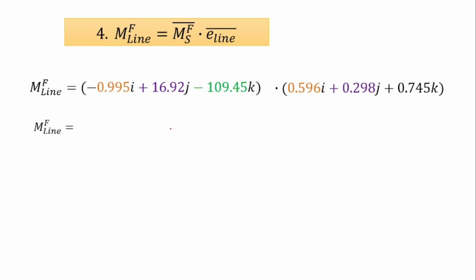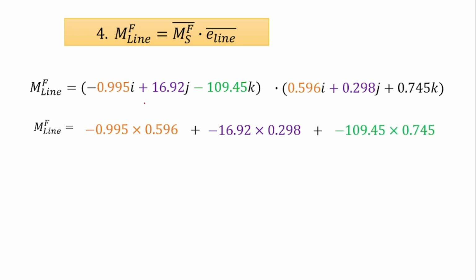So here we get the dot product. You can use the calculator to find out the dot product, or you can multiply the terms related to the i, 0.995 into 0.596 plus the terms related to j get multiplied, that is 16.92 into 0.298. So it is equal to this value plus the last term minus 109.45 into 0.745, and remove this ijk signs from it.